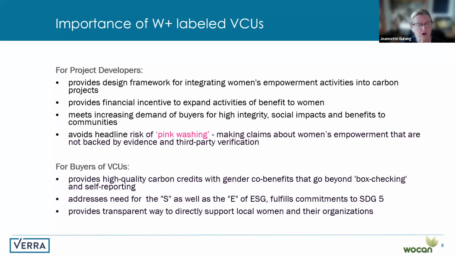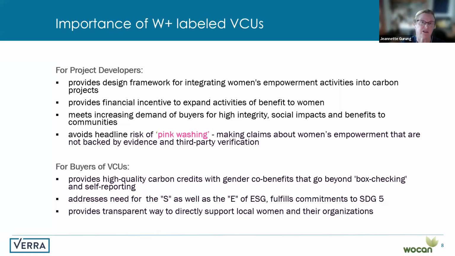We are looking for outcomes. We are measuring outcomes, and it has to be seen by the evidence in the field that the W+ standard assures. And it's not based on just self-reporting. There's a means of verification, similar to what you see in a carbon project.